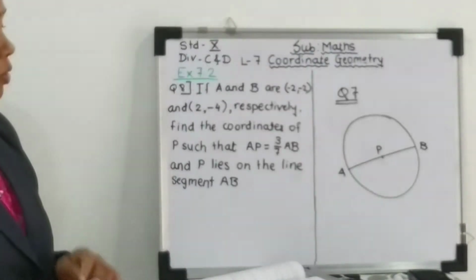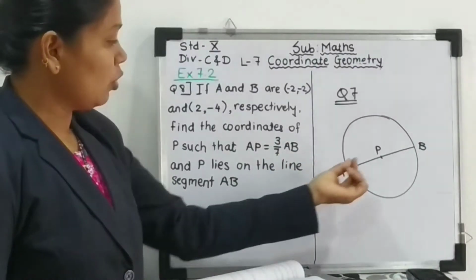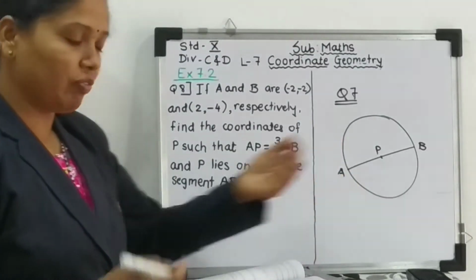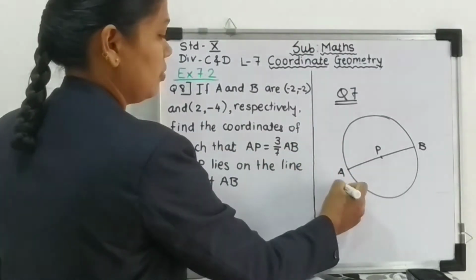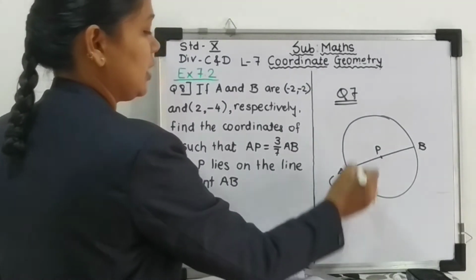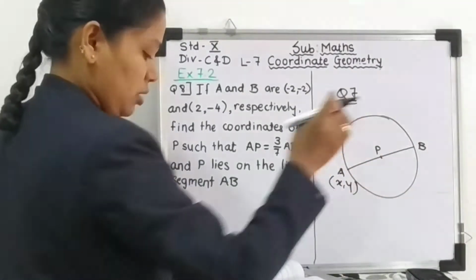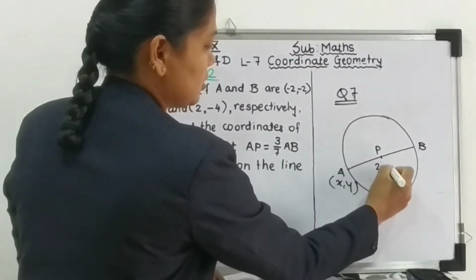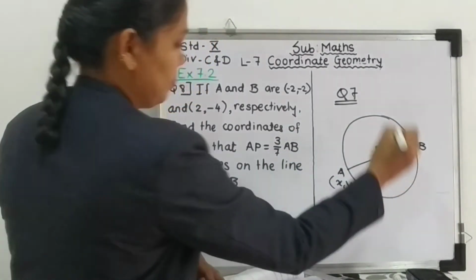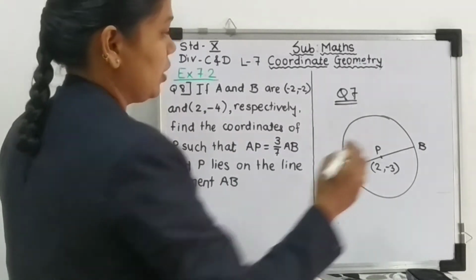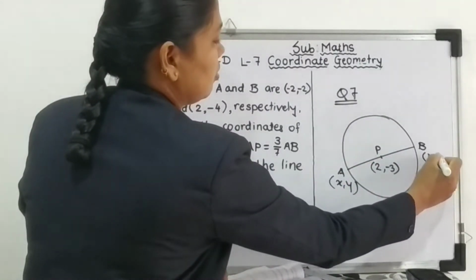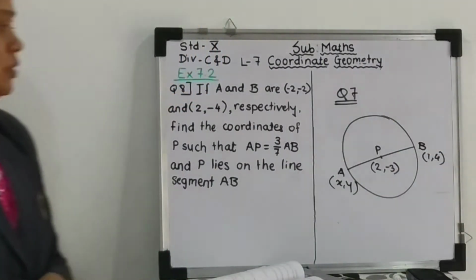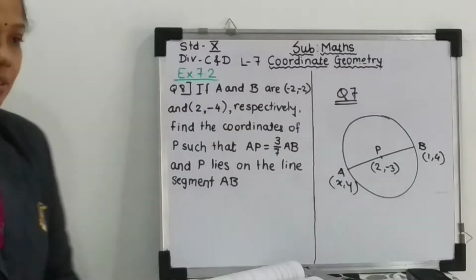Now we are going to find the coordinates of A, so we will write (x, y). The center coordinates are given as (2, -3), and B's coordinates are (1, 4). How will we solve this sum?